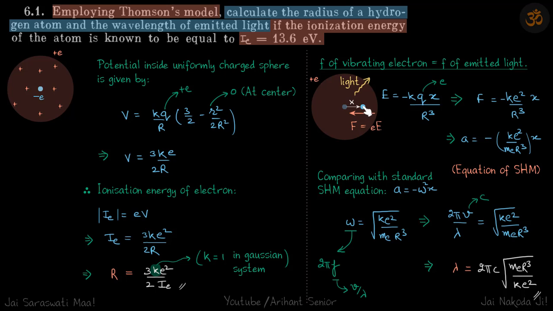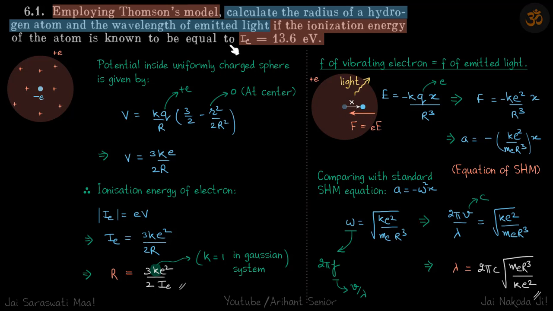Because when the electron is just vibrating around the center, it's continuously accelerating. As it accelerates, it's going to emit light, because whenever a charged particle accelerates, it emits electromagnetic radiation. So the frequency of this light is the same as the frequency of this vibrating electron.